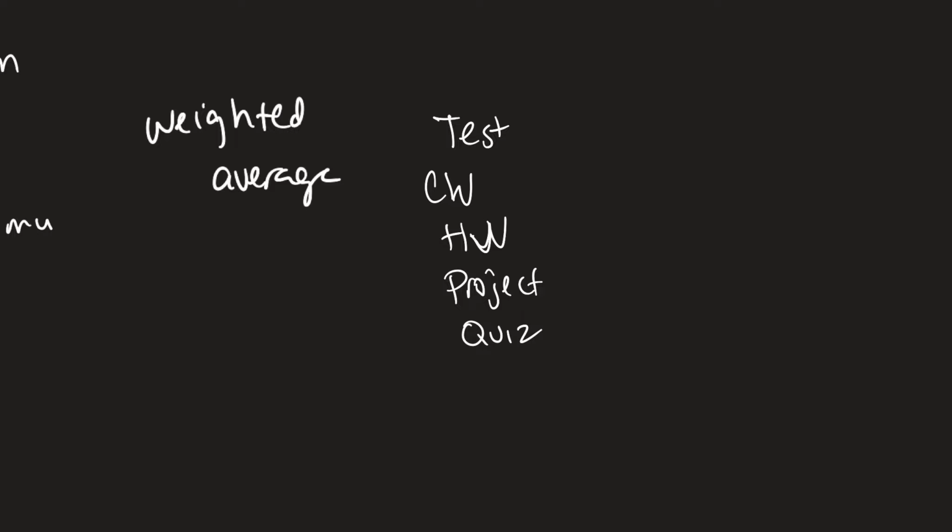So for example, maybe 40% of your average was your test, 10% was your classwork, another 10% was your homework. Then you'll have 30% of your grade was your project, and last, your quiz is probably another 10% of your grade.